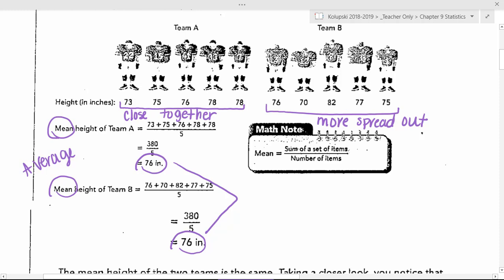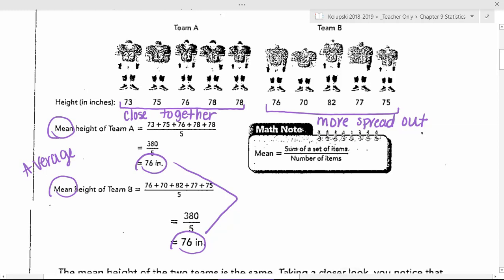So if I was only given that the average height of each player was 76 inches and I wasn't given these two pictures, I would say that both teams have relatively the same height of players. But you can clearly see by the pictures that you don't.